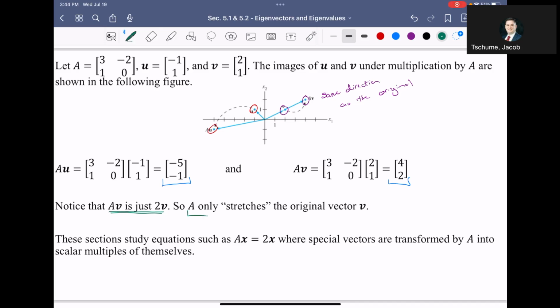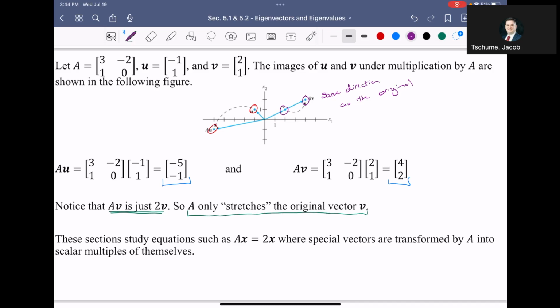What A is doing is just stretching the original vector. And while that may seem kind of neat, maybe, this actually opens up a whole new branch of linear algebra where when this particular phenomenon happens, what does this tell us and where's it going to lead us in this class? That's what I hope to get from y'all over the next couple of videos as we go through chapter 5.